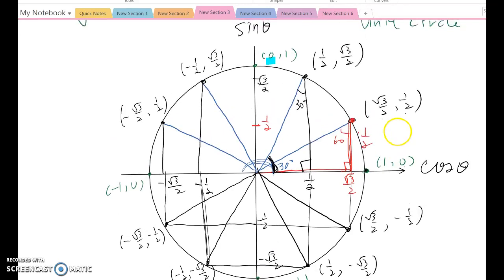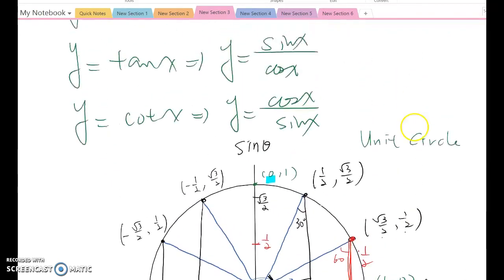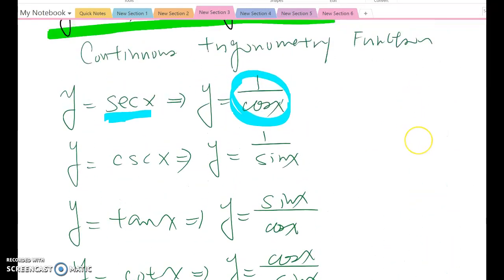Which means 90 degrees and 270 degrees. But whenever we talk about the function, we don't use angle values, we use radian values instead. Now 90 degrees means pi over 2. That's a radian value, right? And 270 means 3 pi over 2.